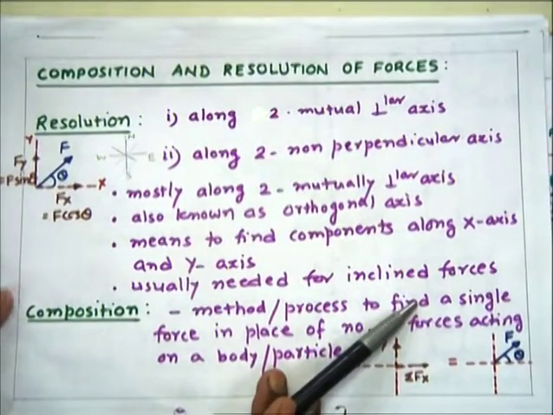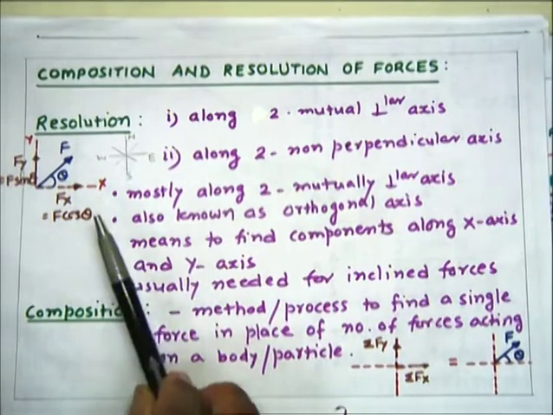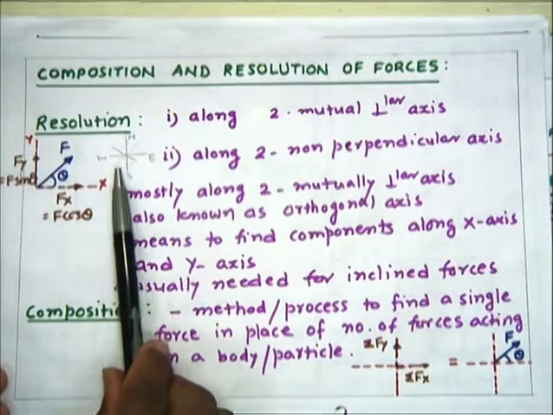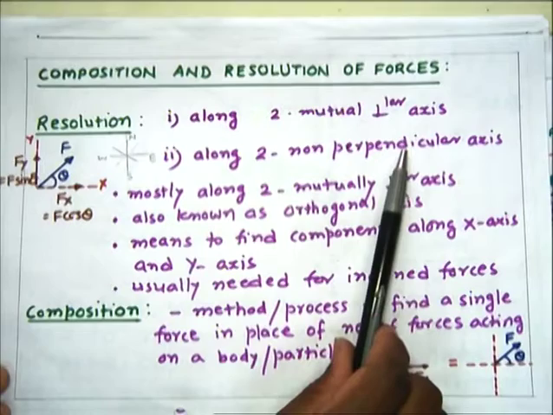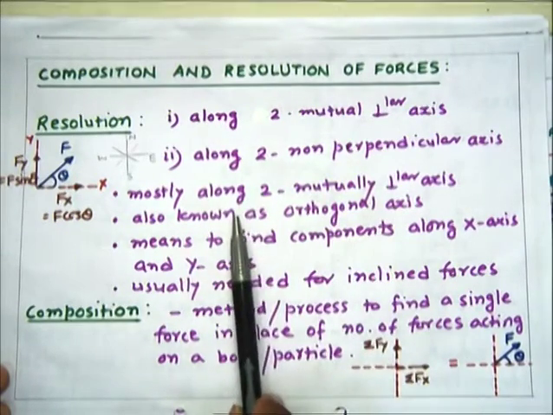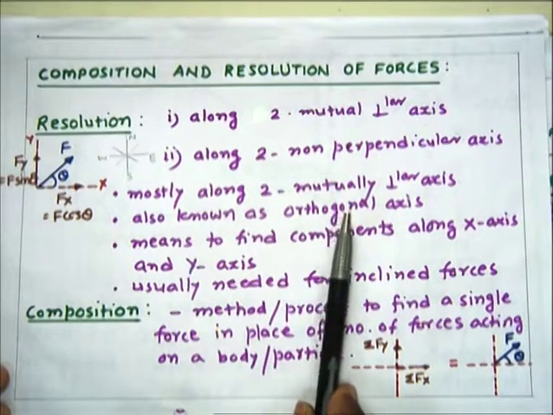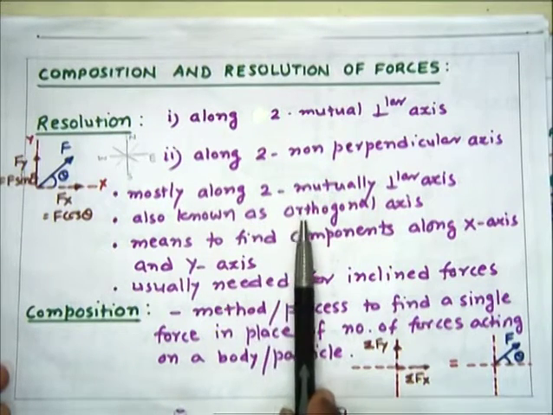Then composition and resolution of forces. In this lecture I discuss the resolution of forces, and as I discussed, resolution can be done along two mutually perpendicular axes or along two non-perpendicular axes, but mostly we deal with resolution of forces along two mutually perpendicular axes. So more weightage is given to this.